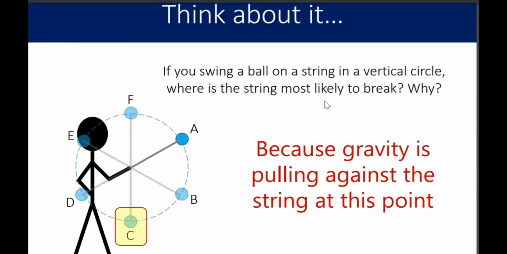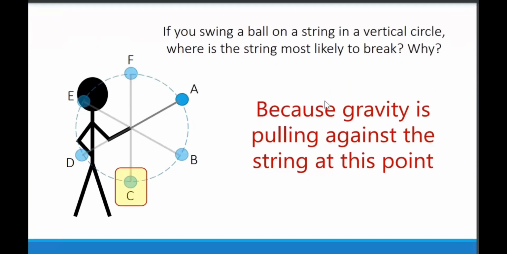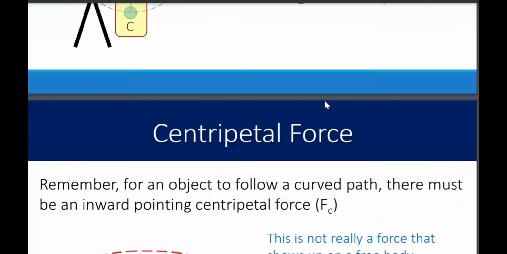Now, in vertical circles, as the image here shows, let's say we attach an object to a string and we're creating a circle right in front of our face. At individual points of this circle, there are unique things occurring.